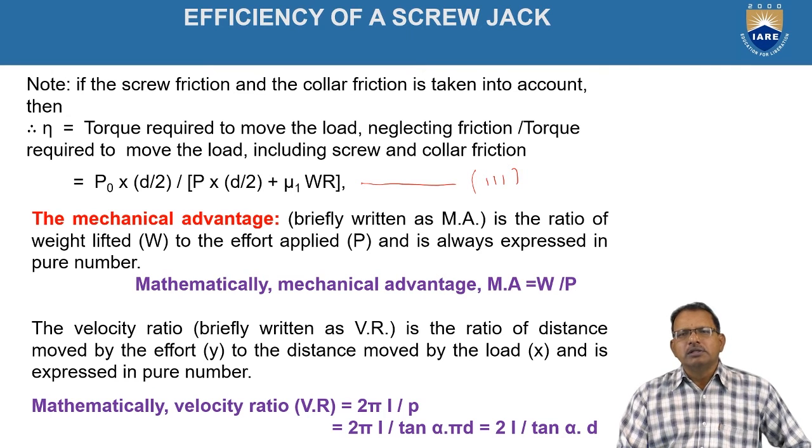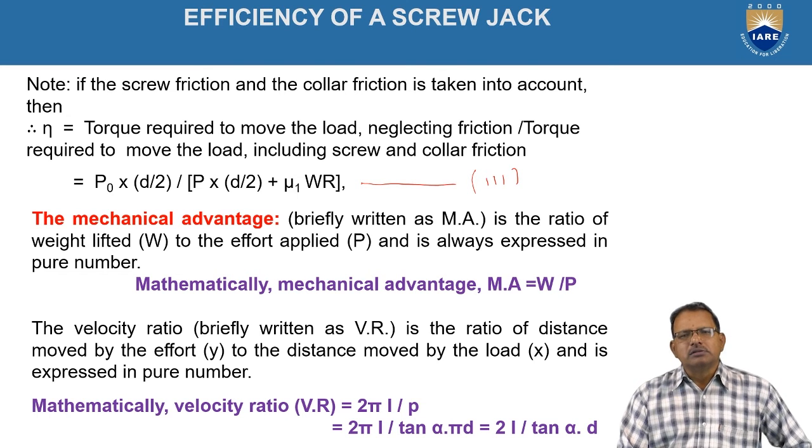The velocity ratio is the distance moved by the effort to the distance moved by the load, and it is expressed mathematically as y by x. y is equal to the distance moved by the effort, which is equal to 2 pi L, where L is equal to length of the lever.